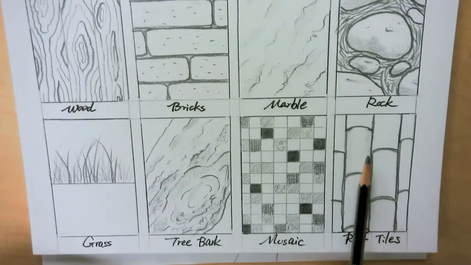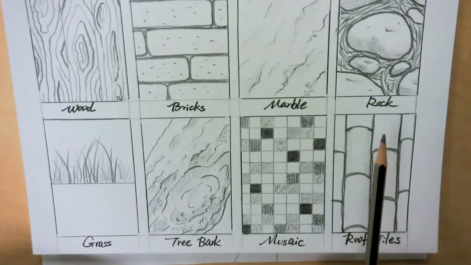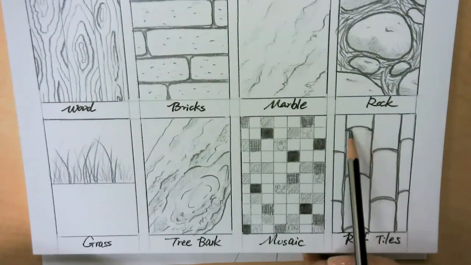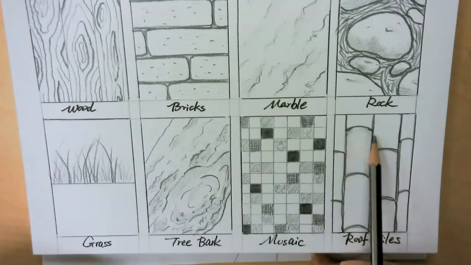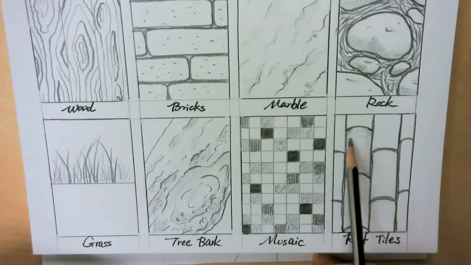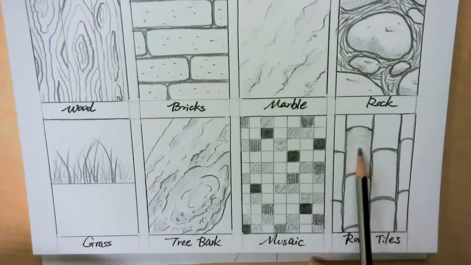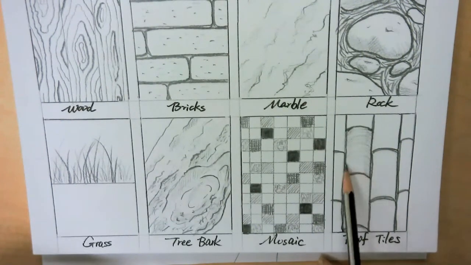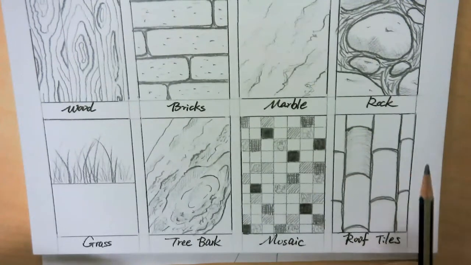Once we're done with all the tiles, let's do shading. Because it's round, the top part will be lighter and on both sides we add value, a little darker.